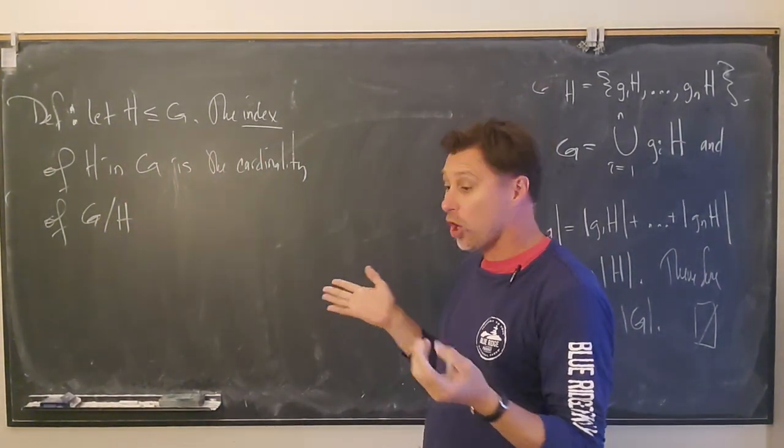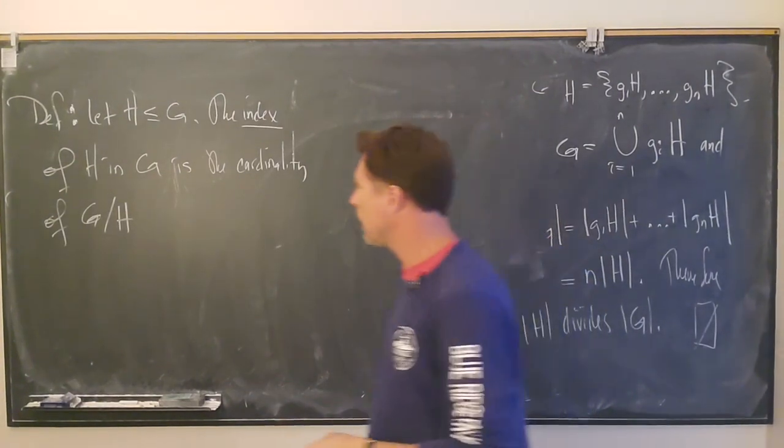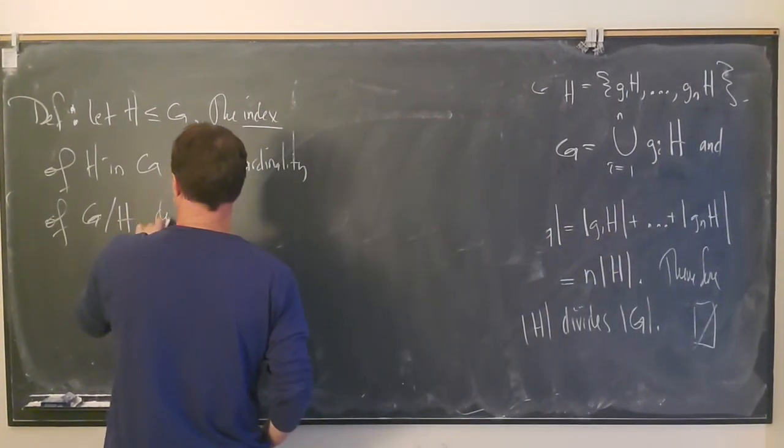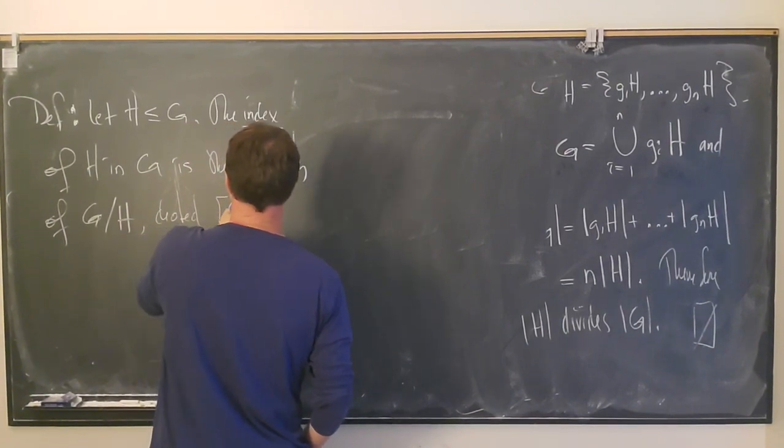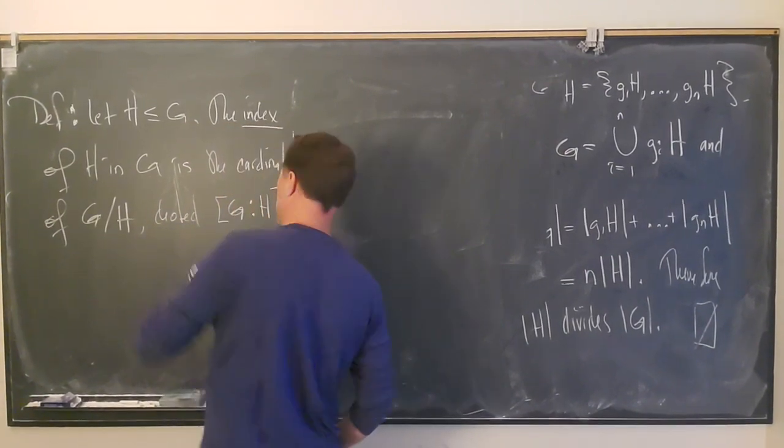More generally, it's the cardinality of the set of cosets. And it's denoted [G : H].